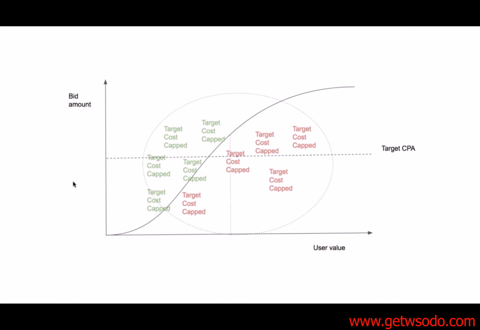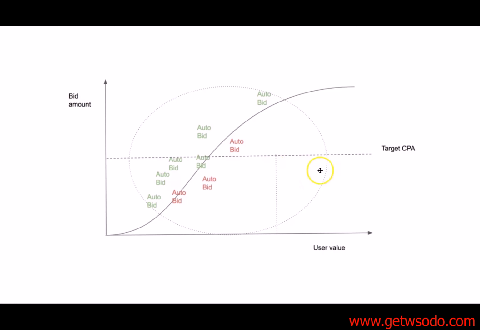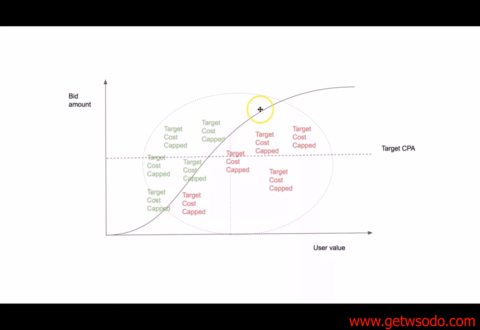Quite often, what Facebook will tell you to do is your target CPA should be the actual CPA you're after. So if you're after a $30 CPA, set that as your target cost. Sometimes it'll be higher, sometimes it'll be lower. However, in practice, because of the way the auction works, and because sometimes you will get higher conversion rates from better quality customers or users on Facebook, having a slightly higher target cost can also be beneficial.